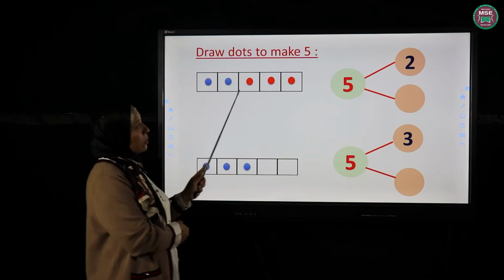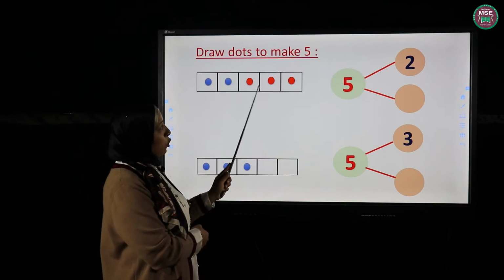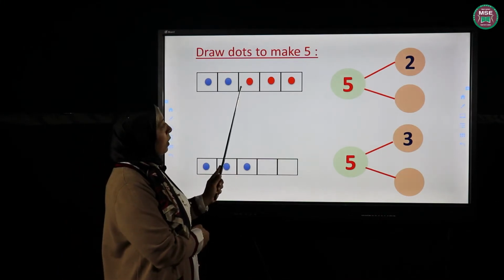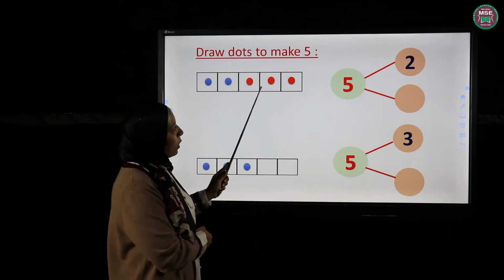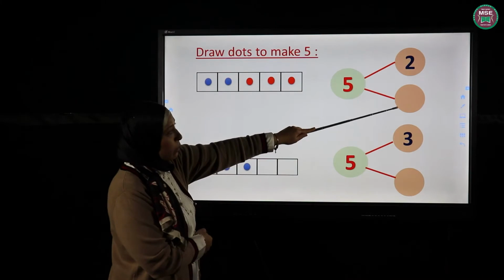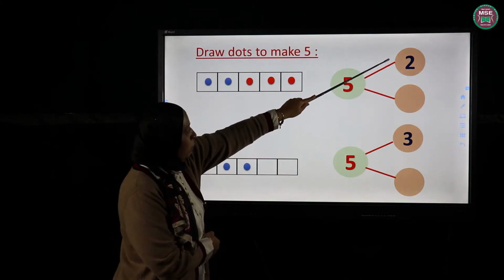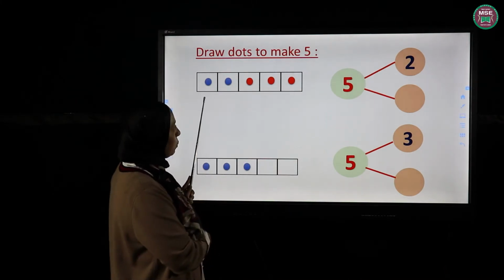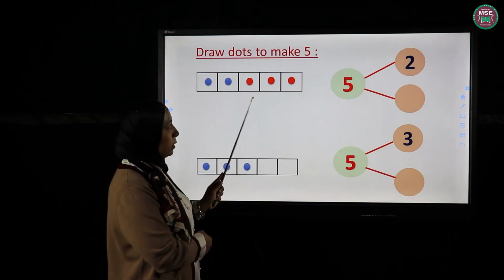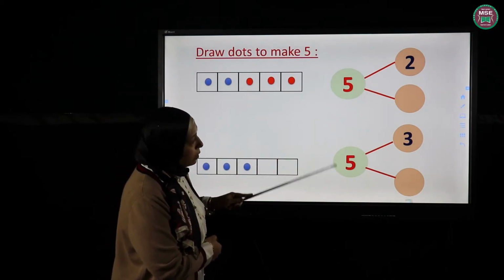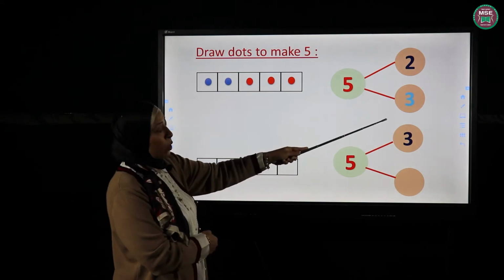So these are the number of dots I drew, and these are the ones that I'm gonna write in part number 2. In part 1 I had number 2, which are the blue dots, and in part 2 I'm gonna write the number of dots I did draw. Okay, so these are 3 dots.